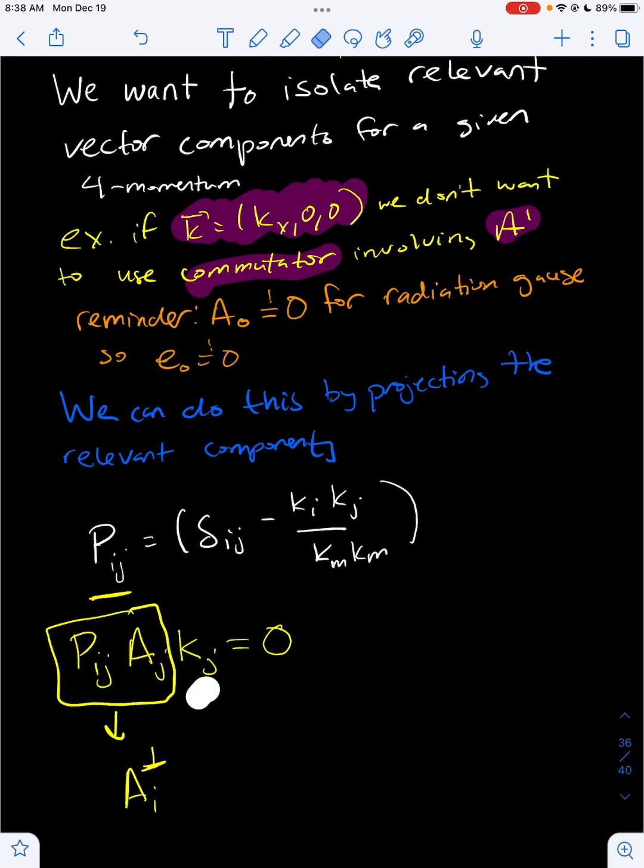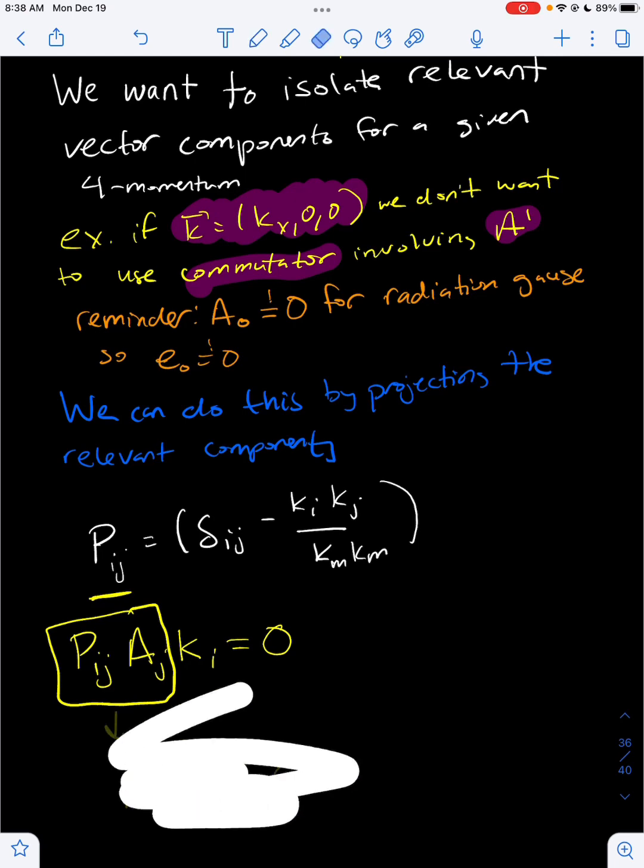And this is actually going to be contracted with ki. So Ai-bar ki is going to be 0. So this operator is going to turn our field into a vector that is orthogonal to the relevant 3 momentum, if that makes sense. And we'll do this in practice to make the concept make more sense.